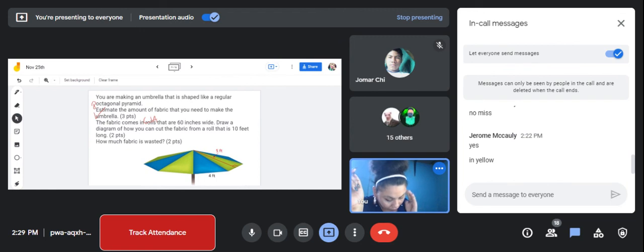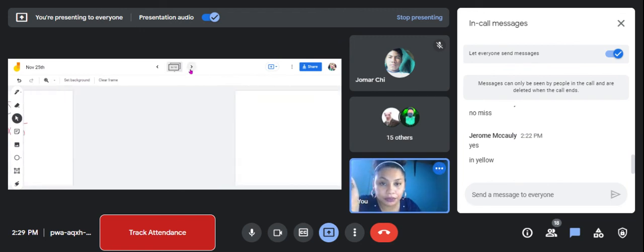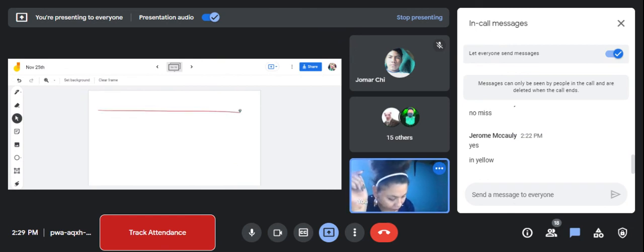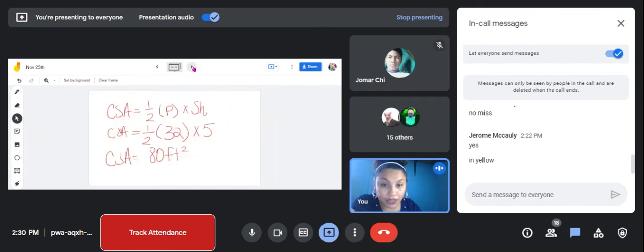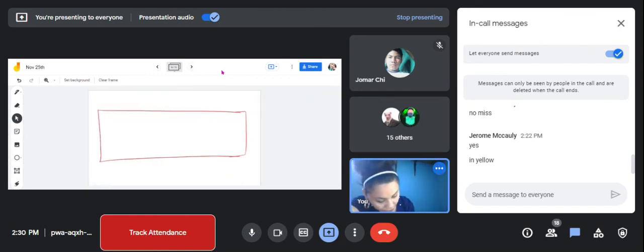So, let me show you guys. You have this roll of fabric, right? According to your dimensions, it is 60 inches wide and 10 feet long.